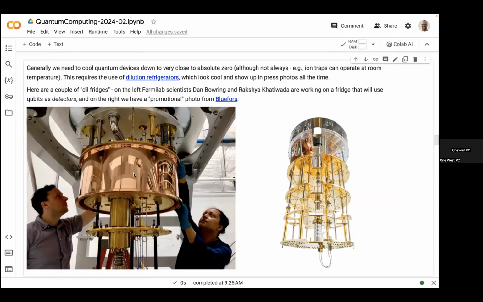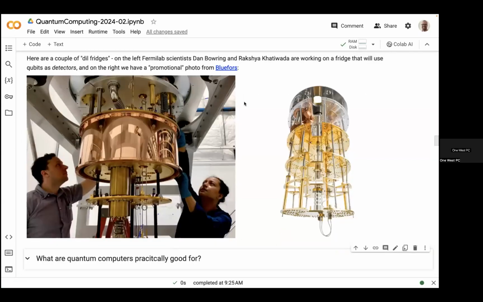Here's a photo of a couple of Fermilab scientists working on a dilution refrigerator, looking cool. This one might be from a company called Bluefors. You can go look at more about dilution refrigerators. It's cute though if you go to the Bluefors website and try to figure out how much it costs to buy one.